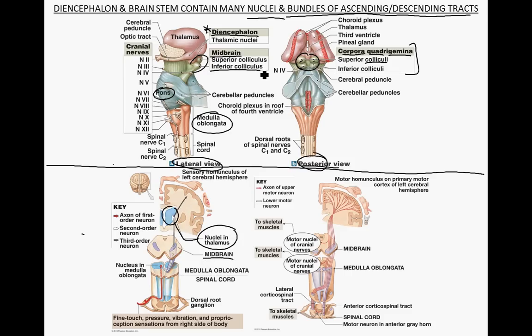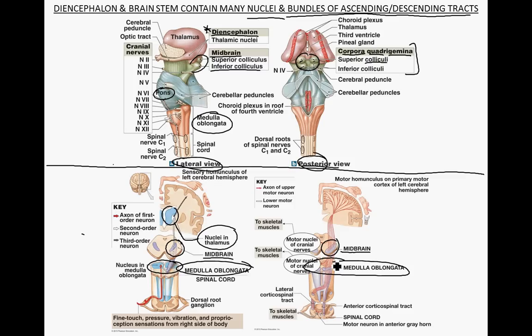Again, the superior and inferior colliculus is going to contain ascending tracts. And if we look at the midbrain section here, it's going to contain descending tracts as well. And then the medulla oblongata is going to contain nuclei and tracts, ascending. And then here's the medulla oblongata section containing nuclei and tracts as well.